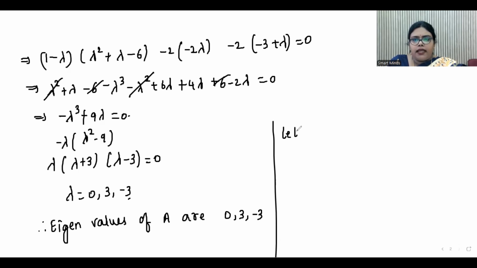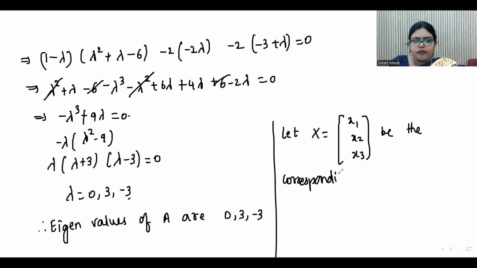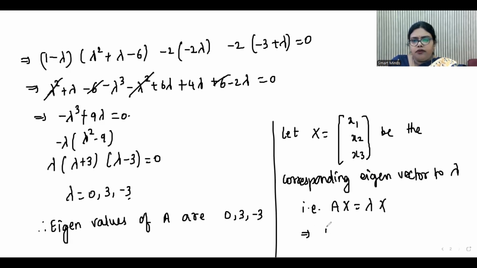Now let's say x is equal to [x1, x2, x3] be the corresponding eigenvector to lambda, that is Ax is equal to lambda x. So you will get (A minus lambda I) into x is equal to 0.